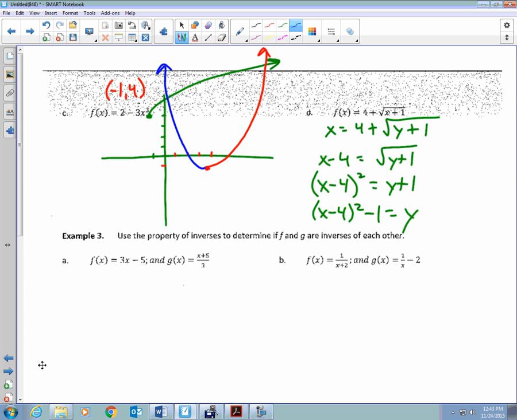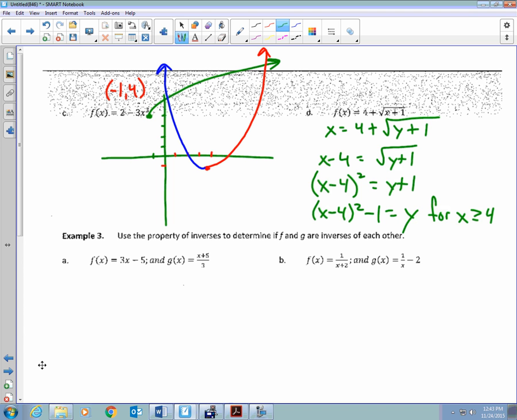So this is not complete. This is only part of the inverse. X minus 4 quantity squared minus 1 equals y. I want to limit x to only give me the red graph. So x has to be what? Greater than or equal to 4. That way, I don't have the blue. I only have the red.